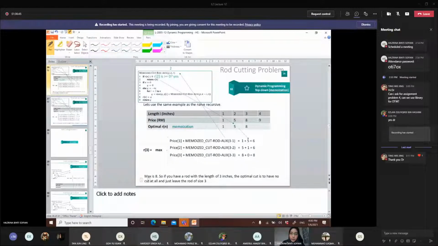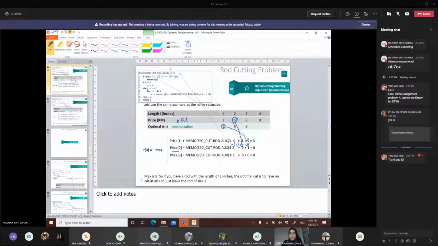So here we can retrieve R1. Therefore R1 we can put it here without needing to recalculate. It's just like price I. Let's say I equals 2. So price 2 is 5. So that's why 5 is here.